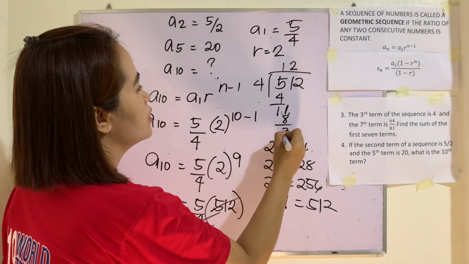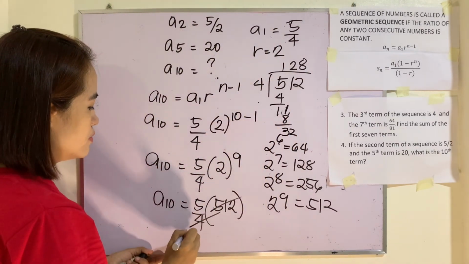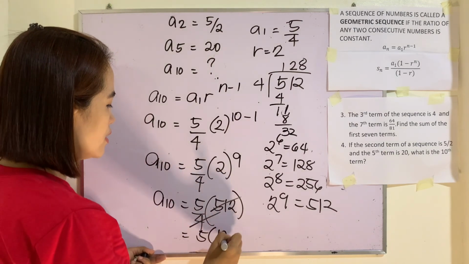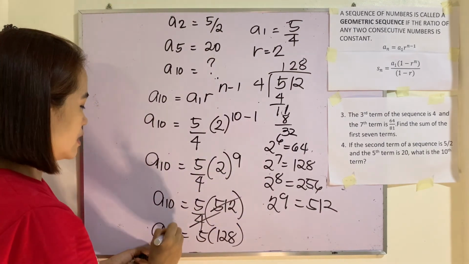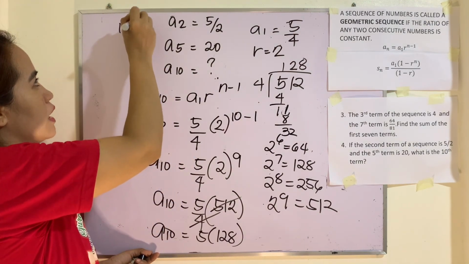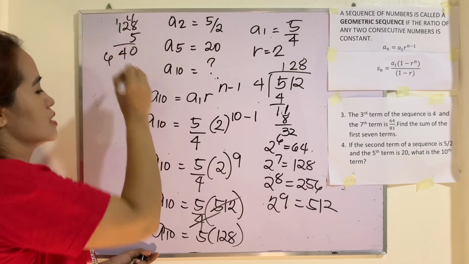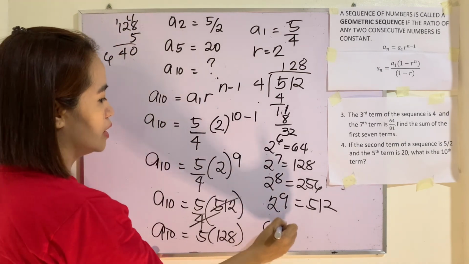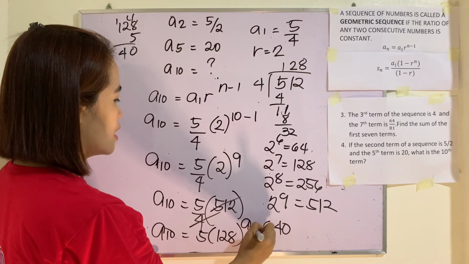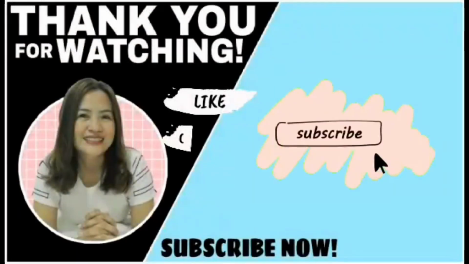So we have 128. So this is 5 times 128. That is your a sub 10. And 128 times 5 is 40 carry 4, 14 carry 1, it's 6. 640. This one is your a sub 10.